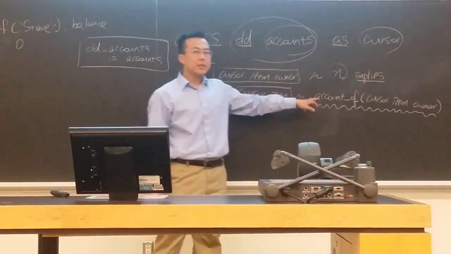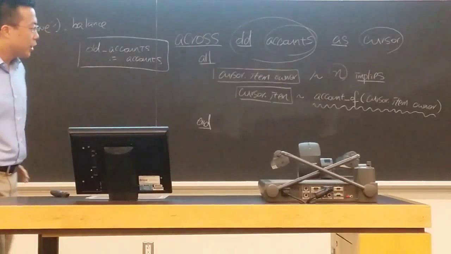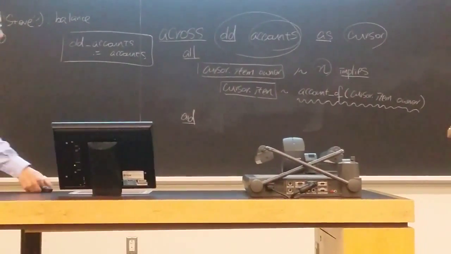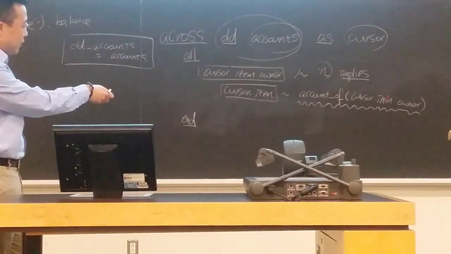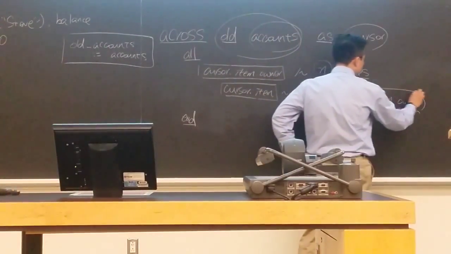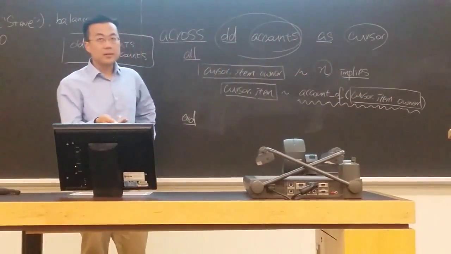So what is this trying to do? Account of is actually going to return the account object that's specific to this name here. So we can see that this here again refers to the old name, the name of the old account, right?